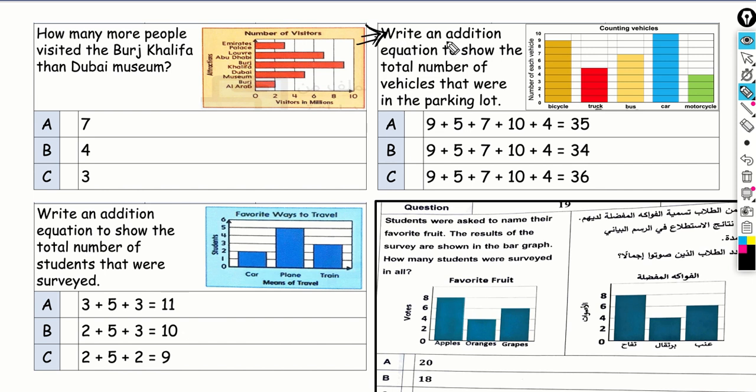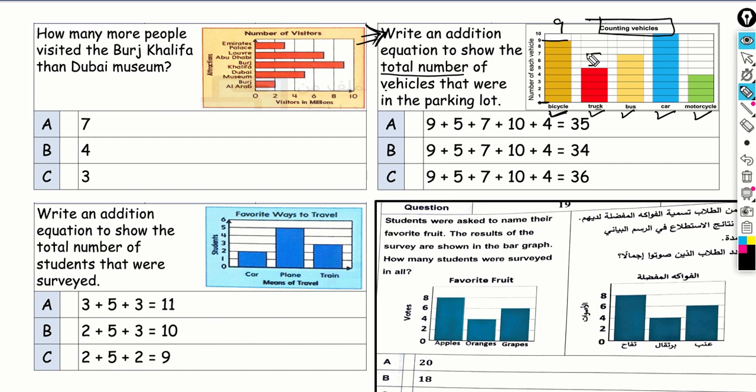Write an addition equation to show the total number of vehicles that were in the parking lot. Total number. So this is the bicycle number, truck number, bus number, car numbers, and motorcycle numbers. How many bicycles? This is from 0. 9. Let me write on the top. How many trucks? 5.